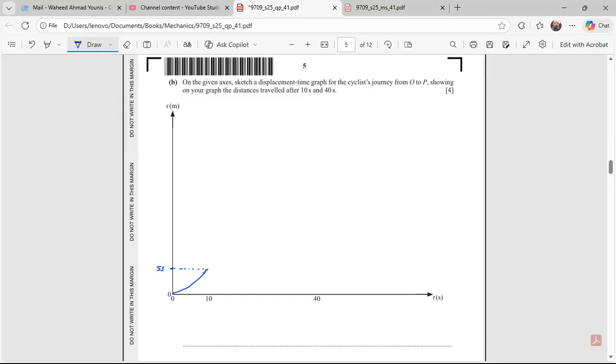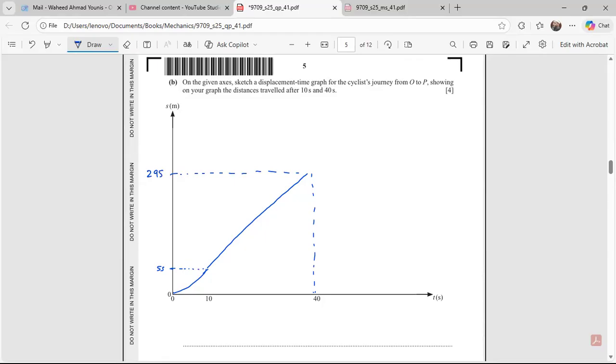So now from 10 to 40, for this 30-second interval, his speed was constant, right? So if the speed was constant, then it will keep traveling the distance at the same rate. So it will be a straight line from here to here. Okay, so this is the point where we have time 40 seconds, and the distance covered up till this point, as we have shown before, is 295 meters.